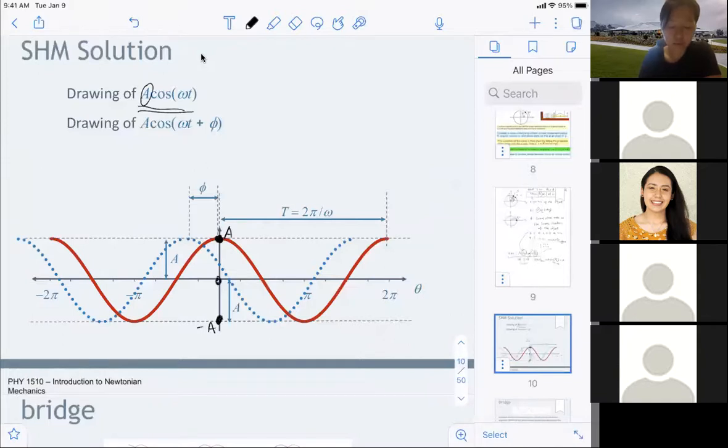But how do we draw A cosine omega t plus phi? If there is an initial phase, how do we draw it? You might wonder, well, if I know what phi is, I can always plug in different values for t. For example, I plug in t equals 0, and my y would be A cosine phi, and then I will plot.